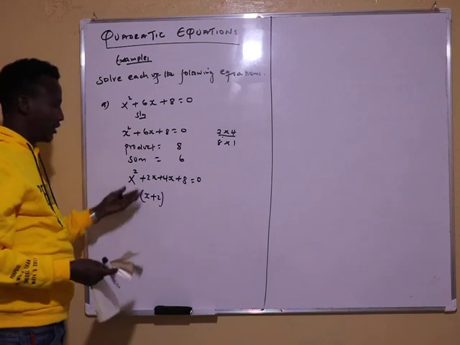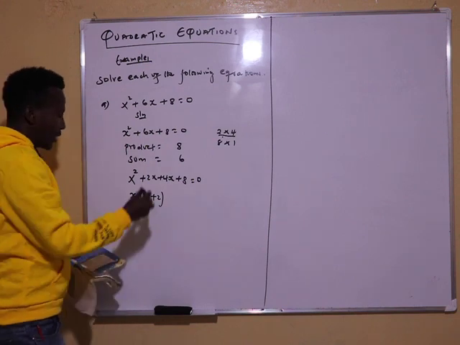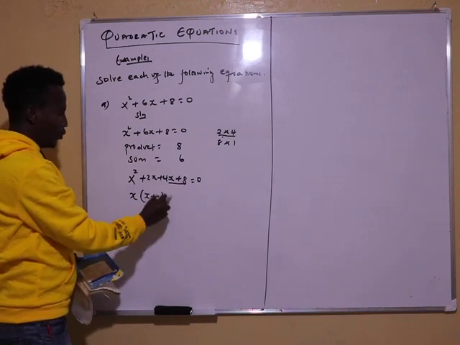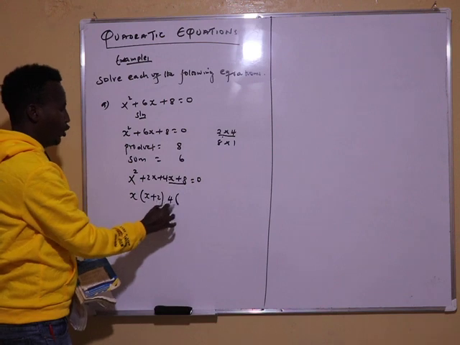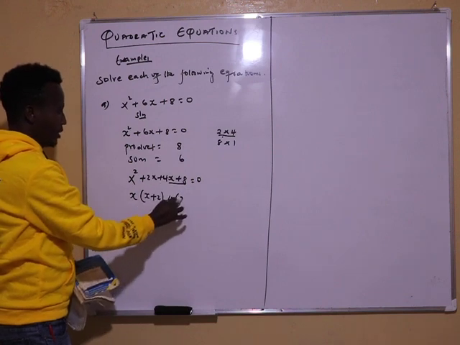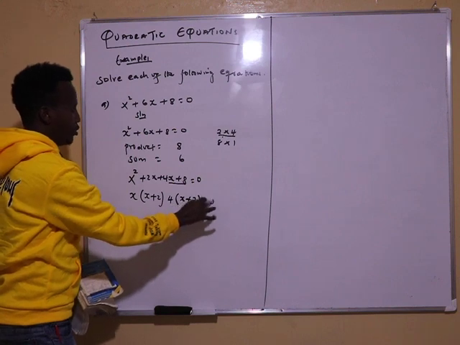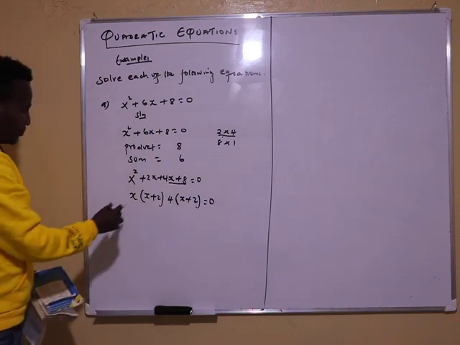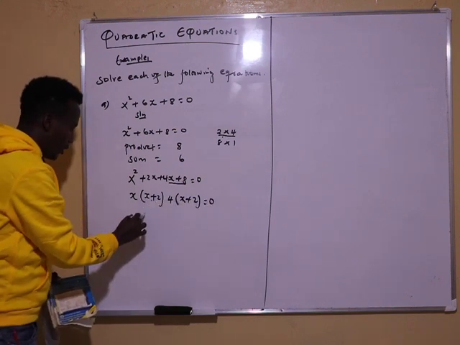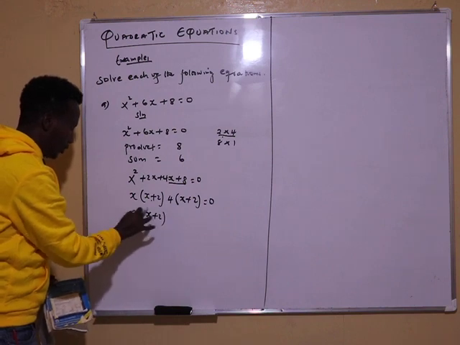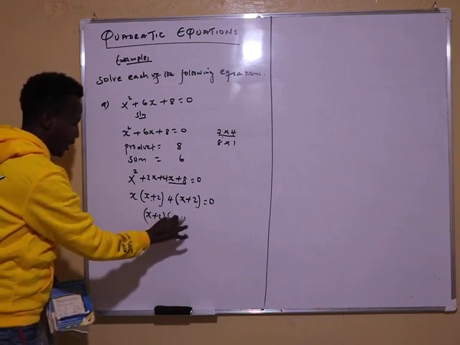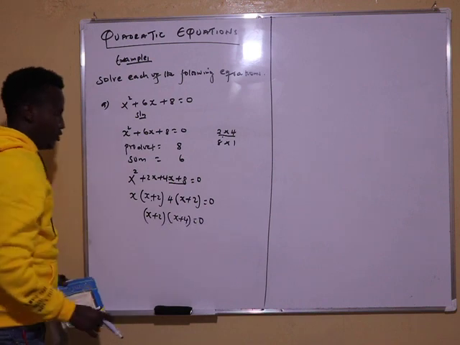This is what we have learned in our previous class, I hope. Here, between these two, our GCD is 4. 4 divided by 4x is x, plus 4 divided by 8, 2, is equal to 0. Then get one of these two, then we'll have x plus 2 into x plus 4 is equal to 0.